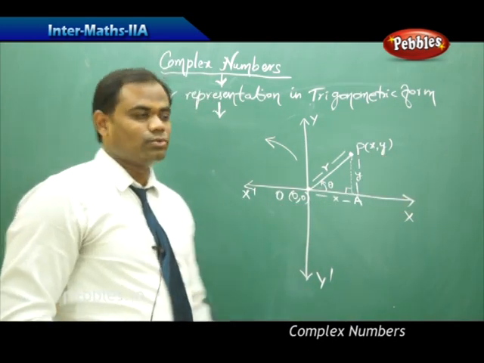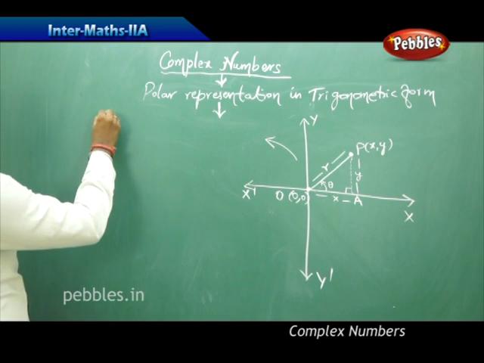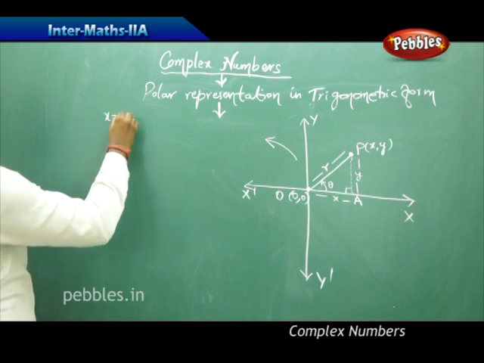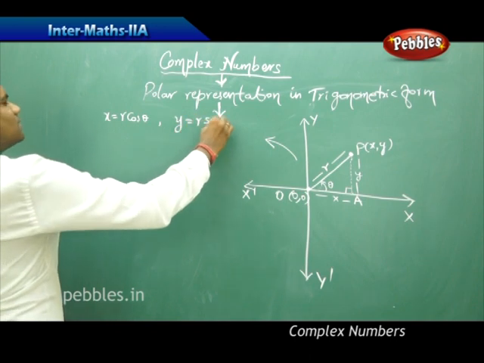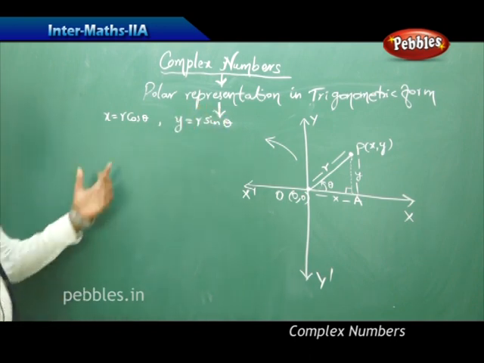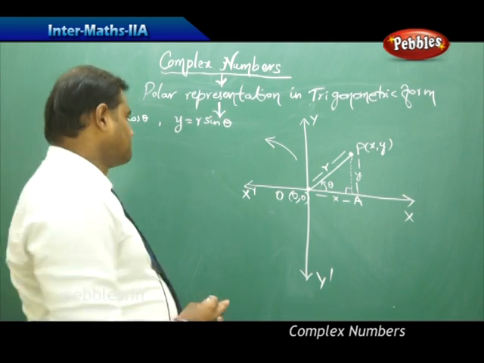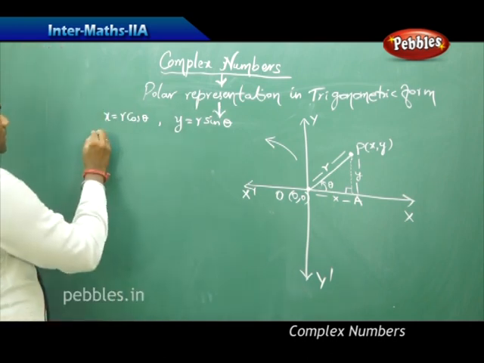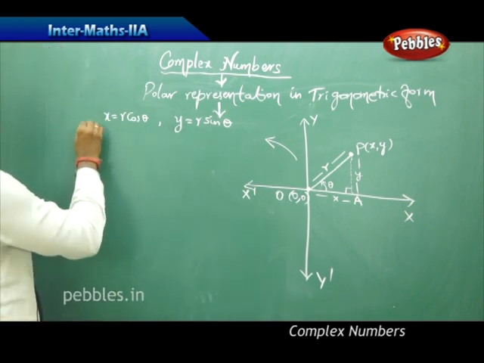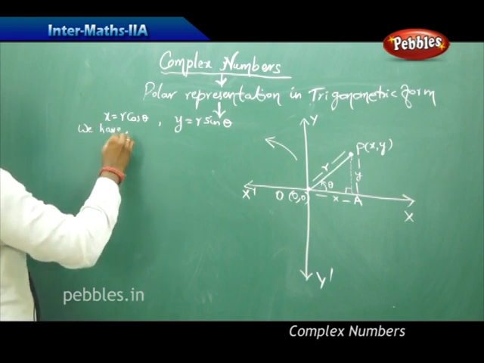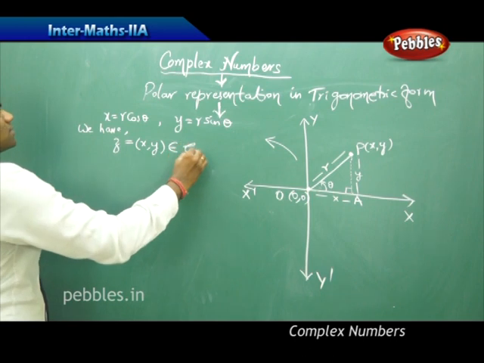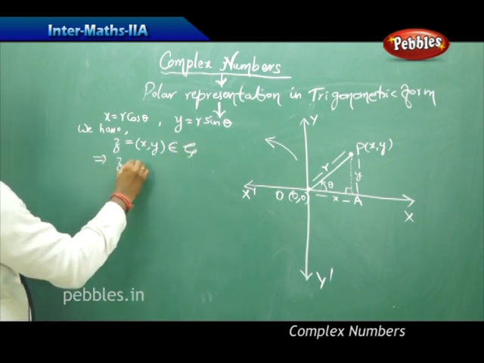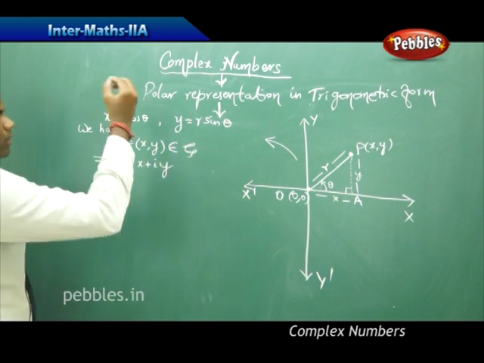Now let's take the two equations from which I got x equals r cos theta and y equals r sin theta. Now with this, we know that z is a complex number which belongs to C, implies z equals x plus iy.